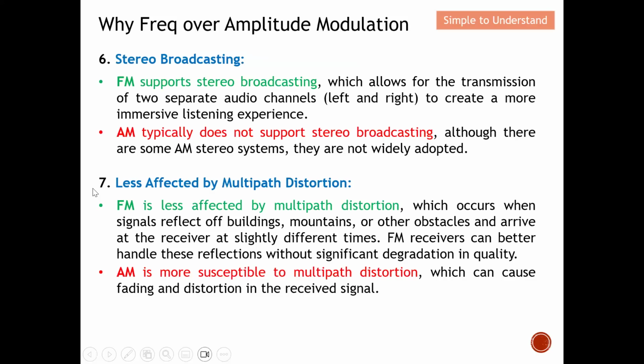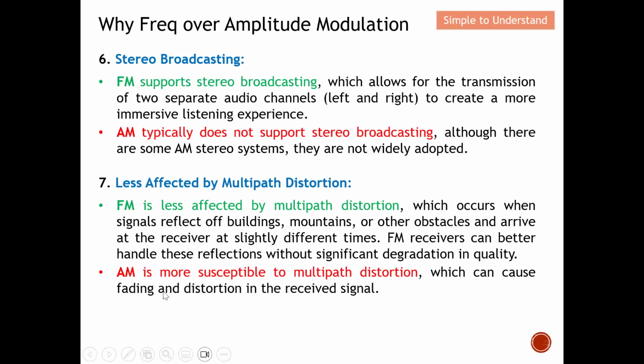Coming to reason number seven, FM is actually less affected by multipath distortion. I hope you know what multipath is. It occurs when signals reflect off buildings, mountains, or other obstacles and arrive at the receiver at slightly different times. An FM receiver can better handle this reflection without significantly degrading the quality.